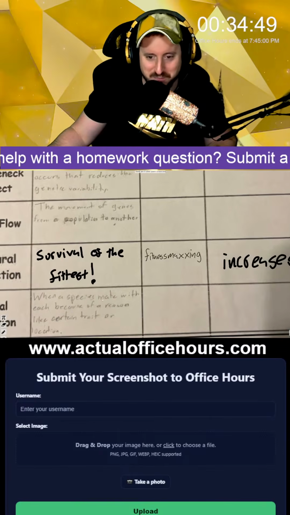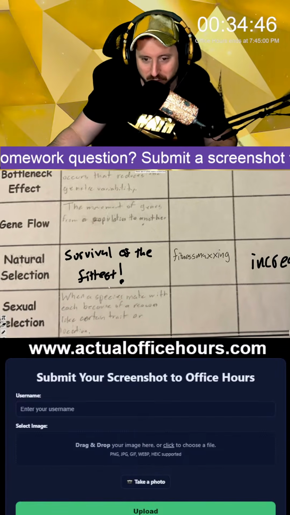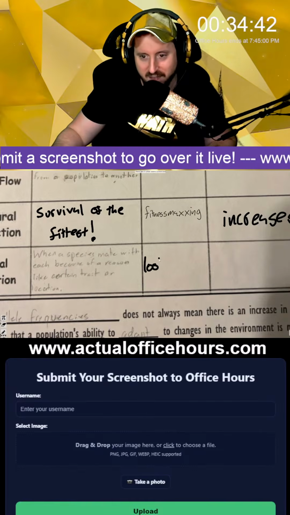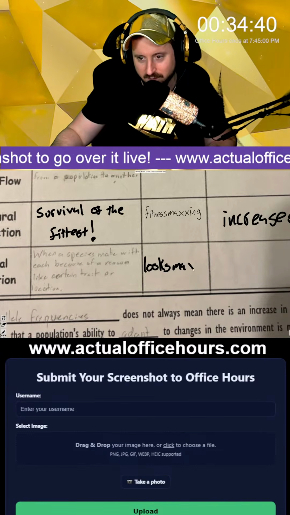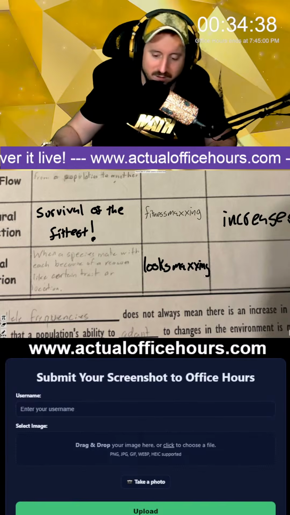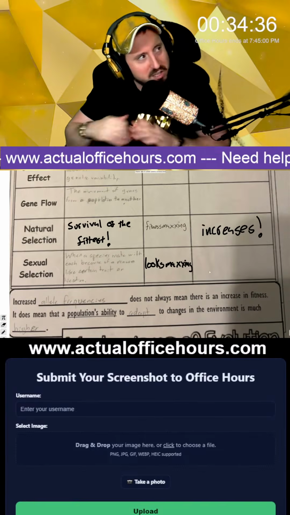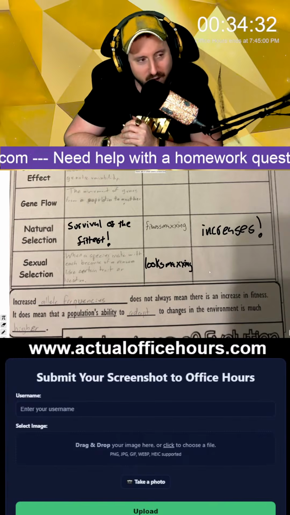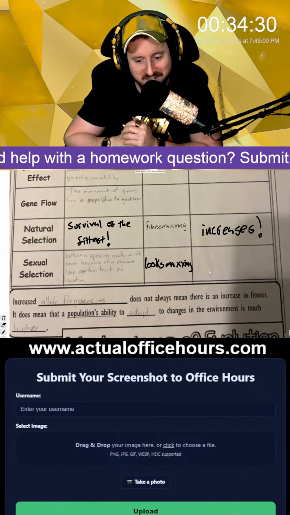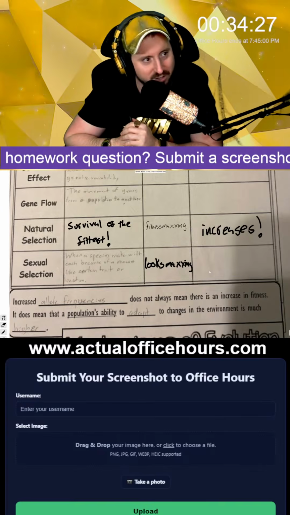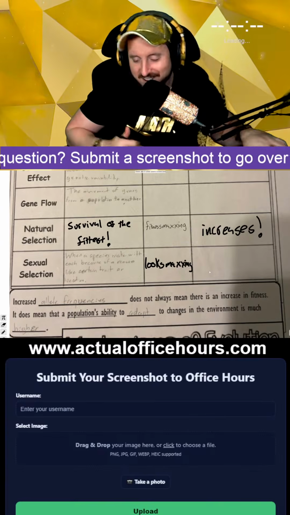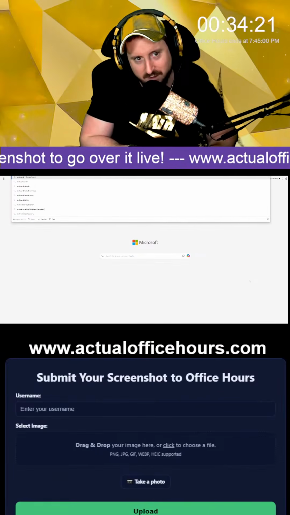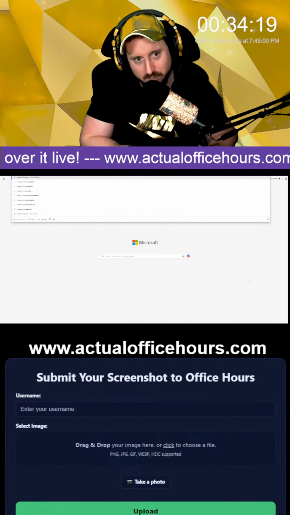Sexual selection. When a species mates with each other because of a reason, like a certain trait or location, this is looks maxing for sure. And there's actually a really cool reason why this is not advantageous for survival sometimes. I'm trying to think, like peacocks, for instance, right? Male versus female peacocks.